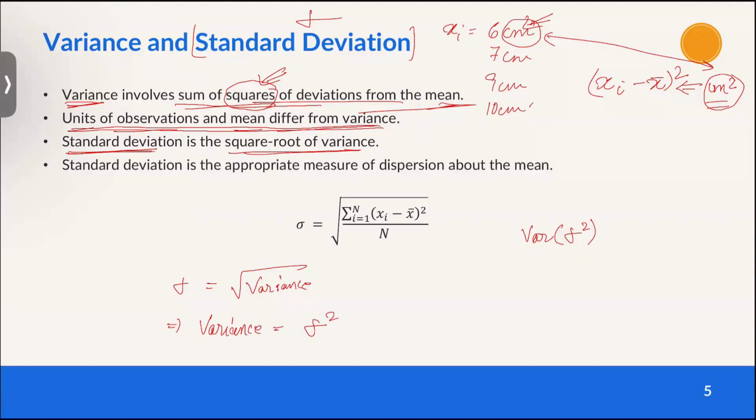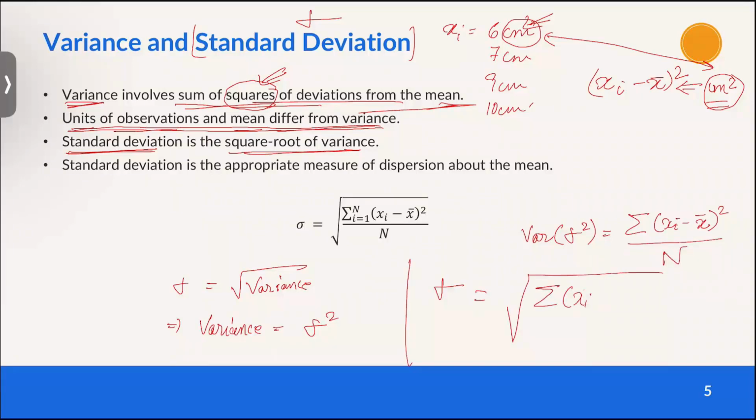Variance was the mean of the square of the deviations. So what will be the formula for standard deviation? Just the square root of this: root under of summation xi minus x bar whole square by n.